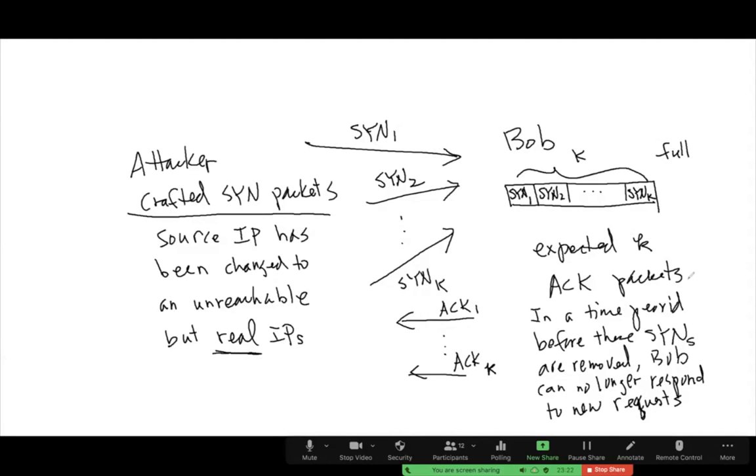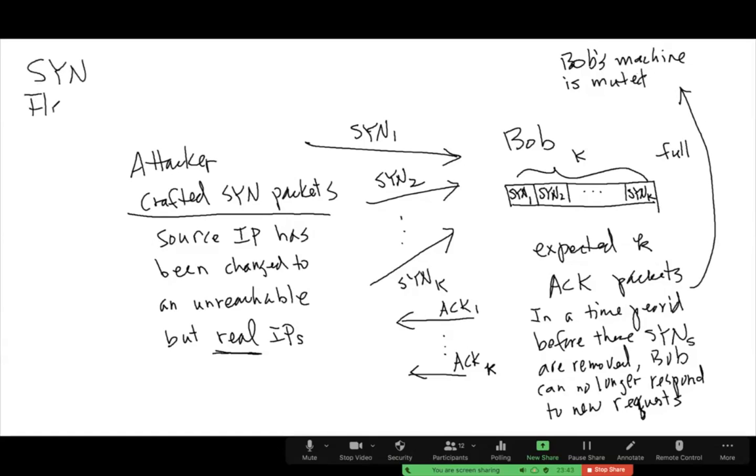That means Bob's machine is now muted. So this is called a SYN flooding attack.